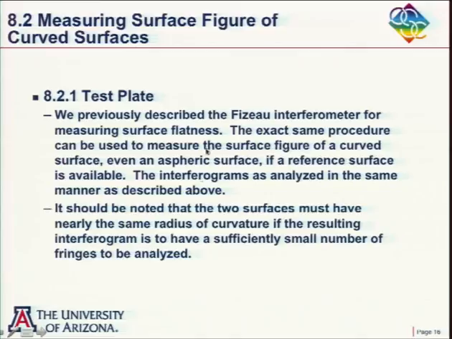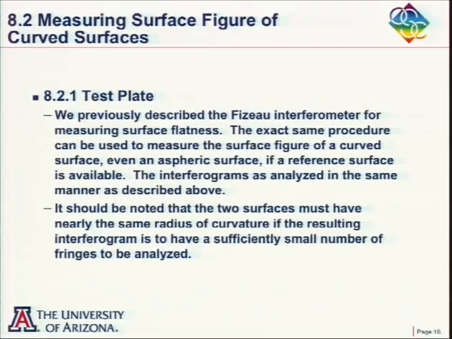But we've talked so much about using test plates to measure both flat surfaces and curved surfaces. I don't know if there's anything really new to add here. It's just that we know that the 2 surfaces have to be pretty close to the same shape, otherwise we'll get too many fringes to analyze.